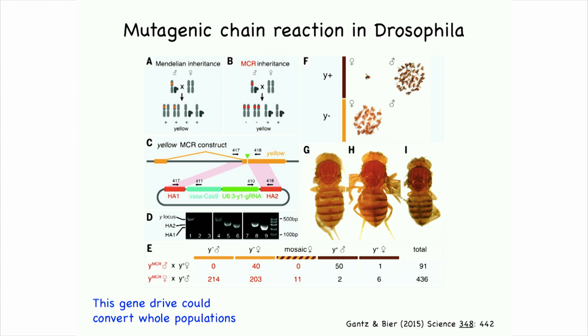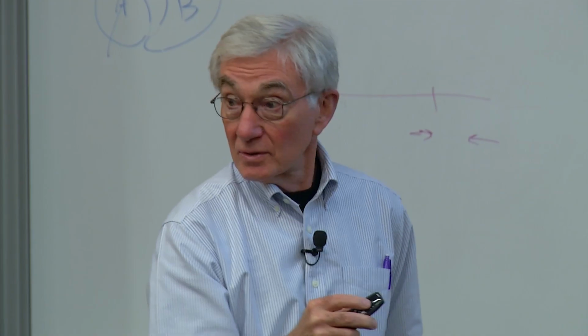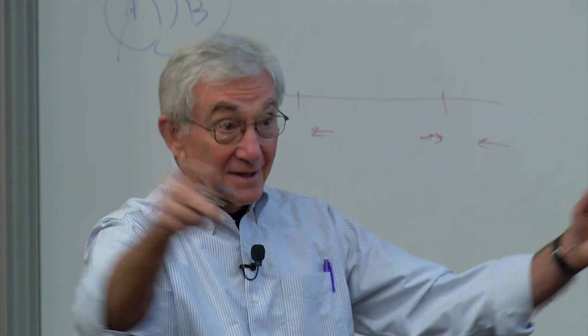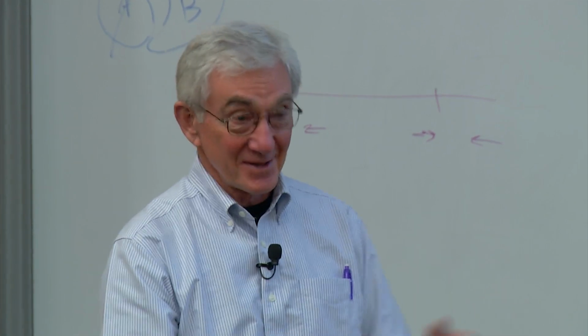And this is just the numerology of this. If you bring this MCR locus in from the female, now all of the offspring will be getting it. Okay, so that's cool. You can make a mutation and spread it rapidly into a population of flies and see what happens.